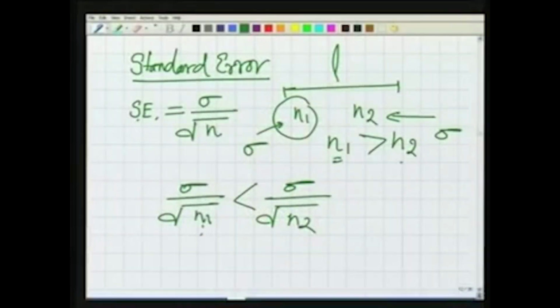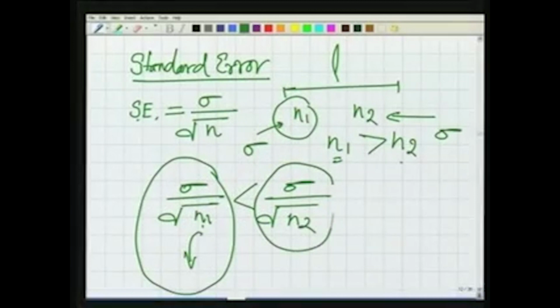What is the meaning of this? The meaning of this is the mean which is associated with this observation set has more precision. We are more confident about that mean than the mean which is coming from here. So, the standard error is a way in which, because the standard deviation does not take into account the number of the observations.